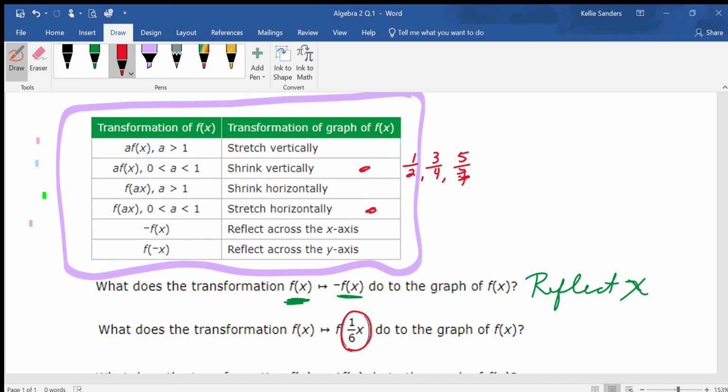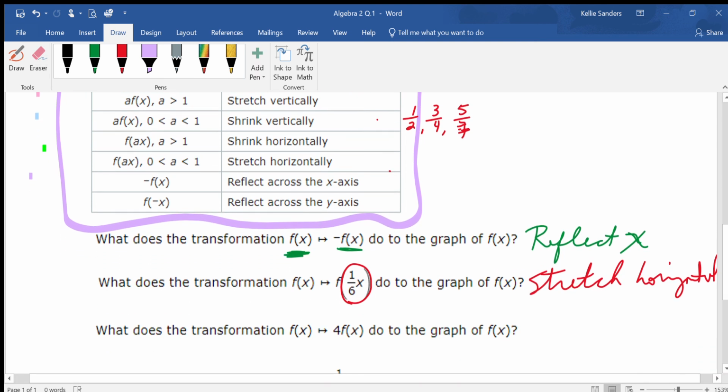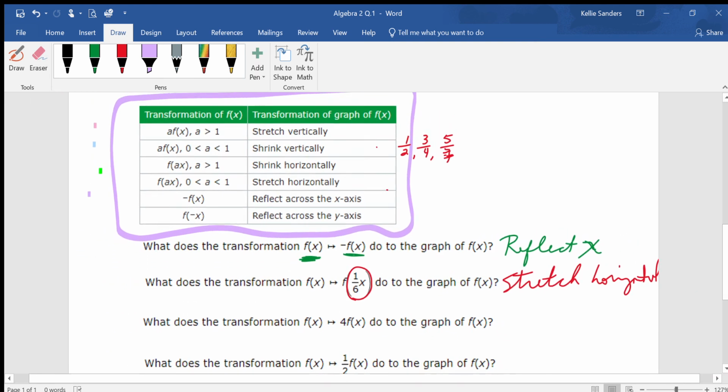It's just with the x. Well, which one of these is just with the x? This one. So we're going to stretch horizontally. Let's see if I can shrink it. There we go.